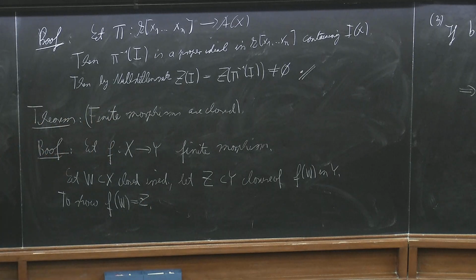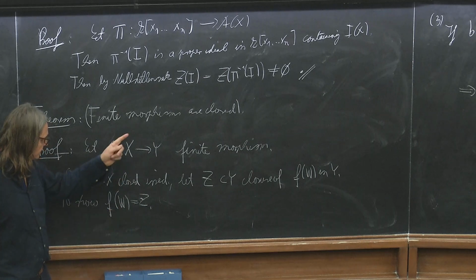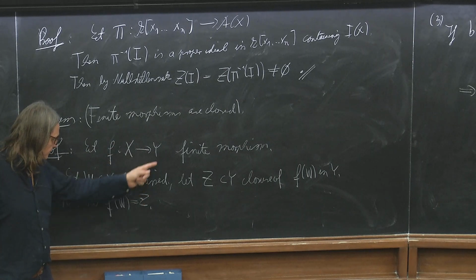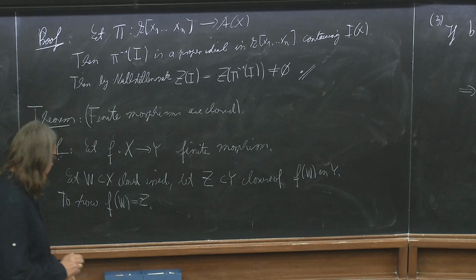So we can therefore replace X by W and Y by Z. Then we have to show that the map is surjective.